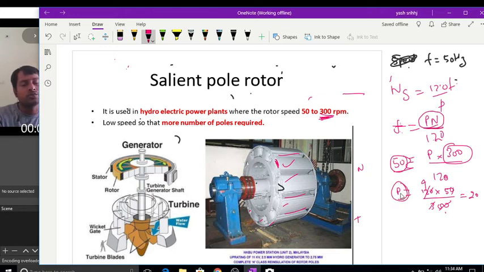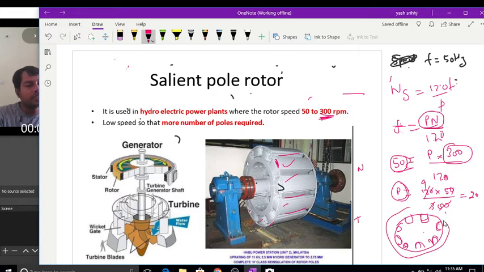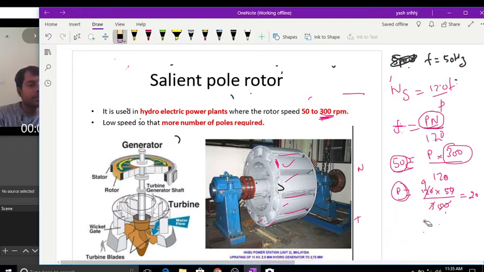That's why, if the diameter is more, we can place more poles like this. Simply, if the diameter is more, more people can sit. If you take a cricket ground, if the diameter is more, then more people can occupy the places.